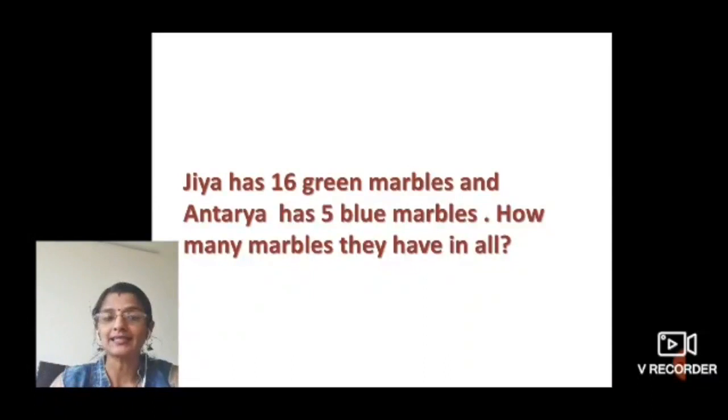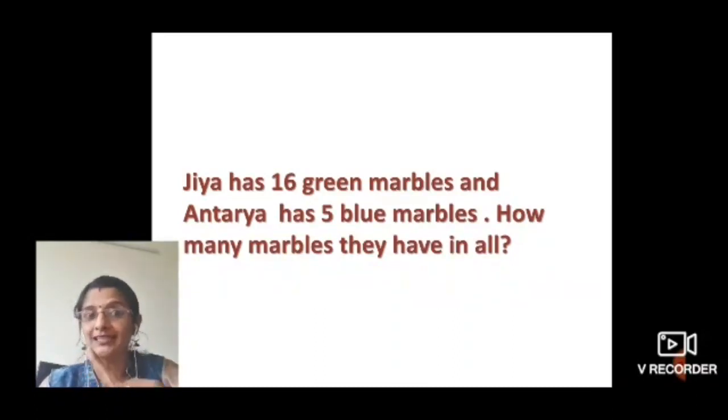And the third sentence in this is a question. How many marbles they have in all? We have to count the total number. So now I hope you've understood the information given and the question asked. Let's frame the statement. The first information is 16 green marbles with Jia. Again, marble is countable.